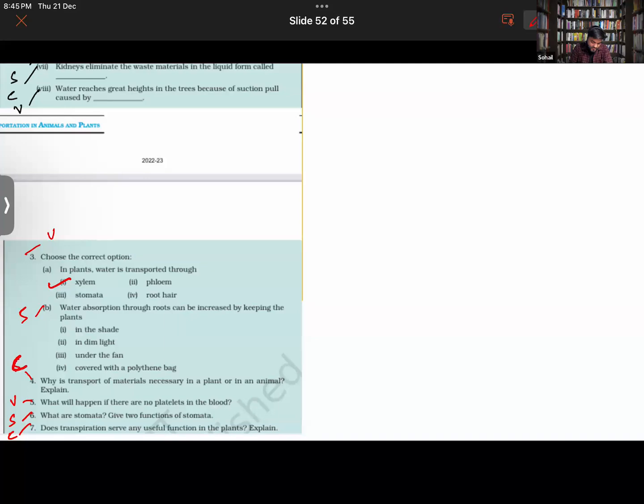It's actually Chakrika here. Question number 4, Chakrika. Yes, sir. It's necessary for the transportation of materials in a plant or an animal because when we eat food, or any waste materials in our body, they need to be excreted from us. If they are in us, it's not really good for our health.